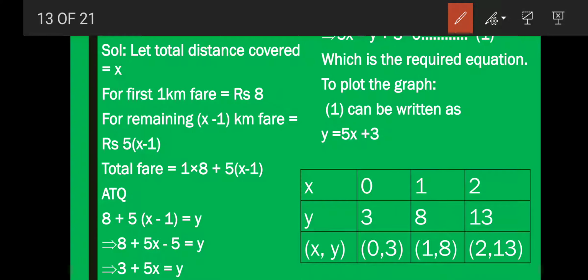Okay, then next value, when we put x is equal to 1, so it becomes 5 multiply 1, 5 plus 3, that is 8. Okay, so second solution is 1 comma 8.